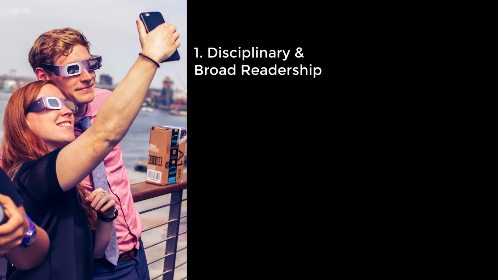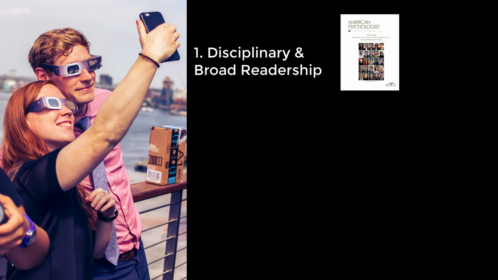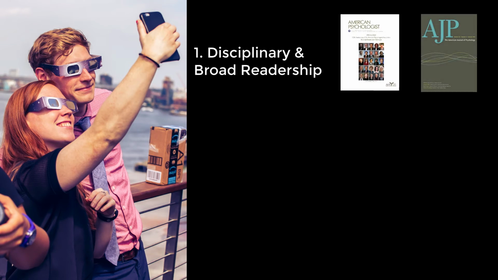So here's an example. Say you're a psychology major, and you're writing a paper on newlywed optimism, or rose-colored glasses, and whether or not it influences relational outcomes. So you might look for disciplinary general interest journals. For example, there's the American Psychologist or the American Journal of Psychology.